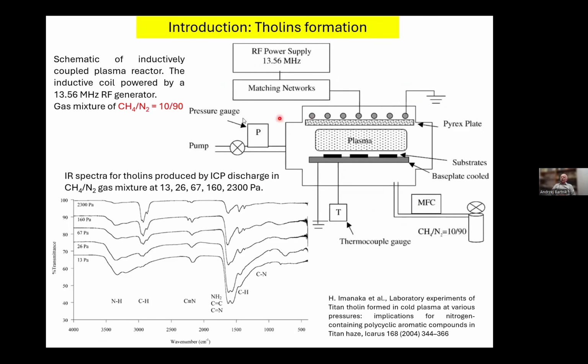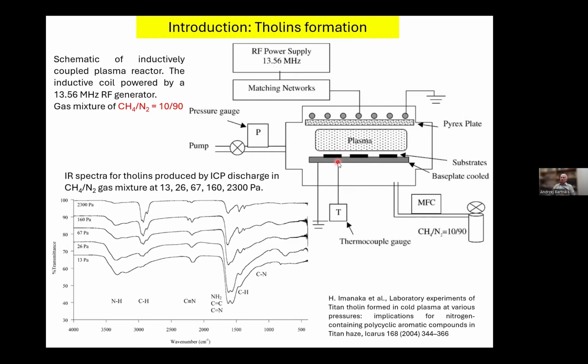Such tholins can be also produced in this type of plasma generators, with RF power supply, and they're also deposited in this case on a variety of plates, substrates, cooled, however, not cooled to cryogenic temperatures.